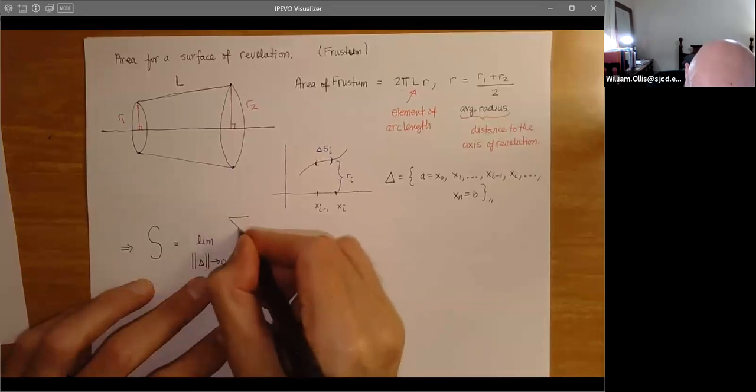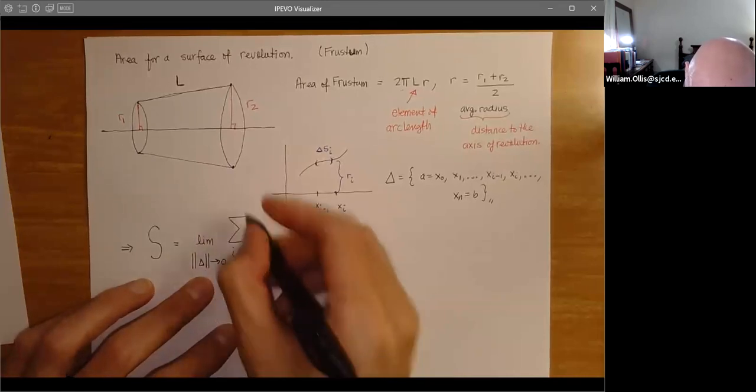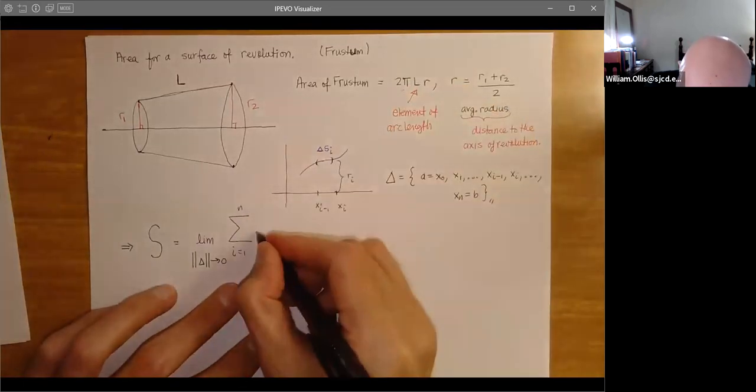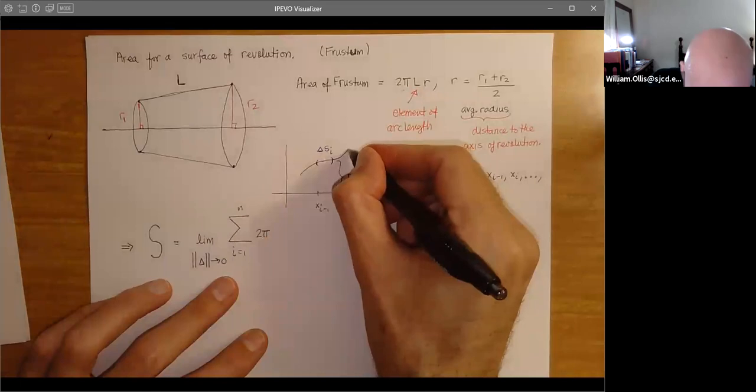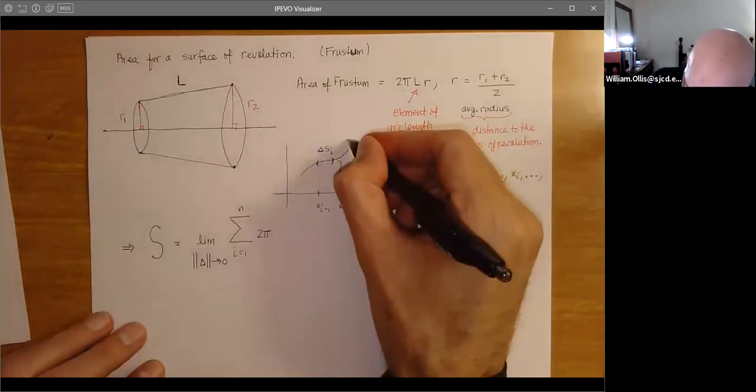So we have the sum, i equals 1 to n, and we fill it in: 2 pi. Then we can call the actual curve y of x, to make it simple.